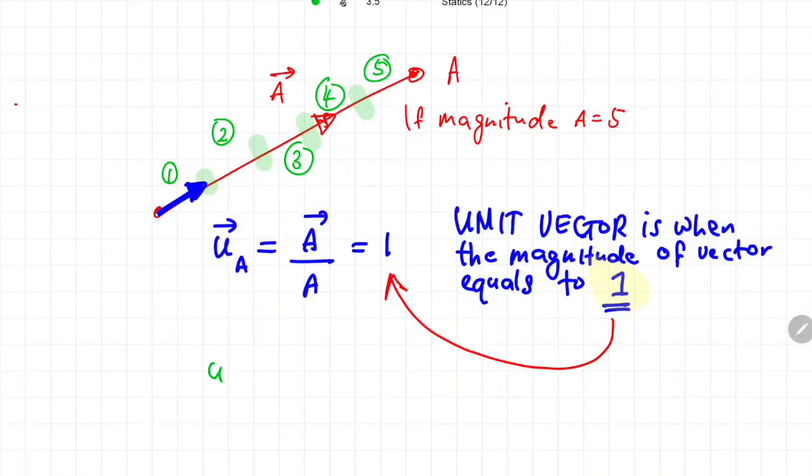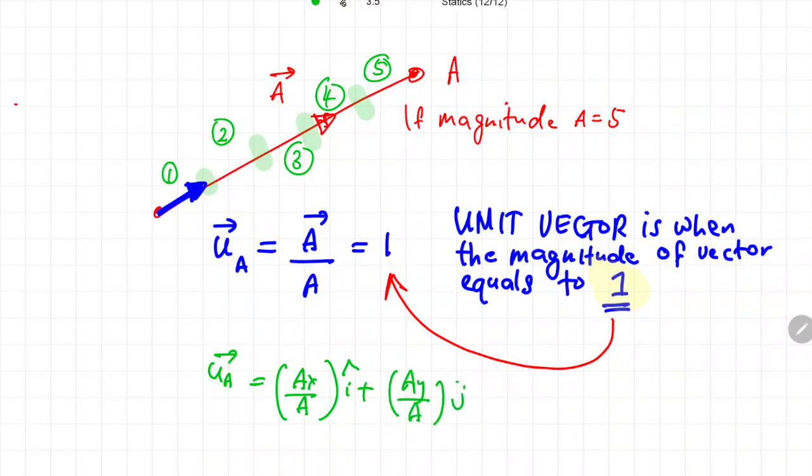If we rearrange the unit vector in Cartesian form, in IJK format, the unit vector is equivalent to AX divided by magnitude A in the direction of i, plus AY divided by A in the direction of j, plus AZ divided by A in the direction of k.